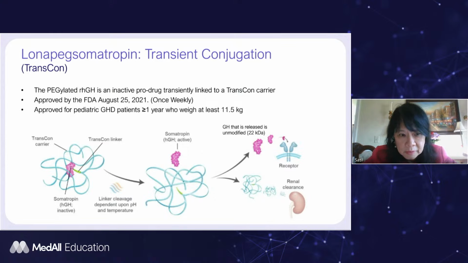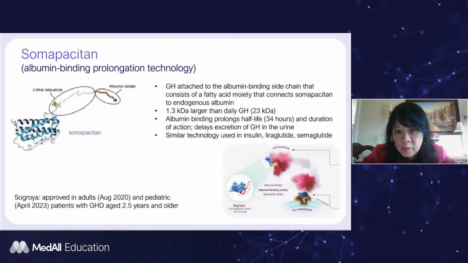This carrier will help keep the growth hormone slowly released, allowing prolonged action of growth hormone. Once administered to the patient, it will be slowly released, and then the linker and carrier will be cleared through renal clearance. This one was approved in August 2021, for children older than 1 and weighing at least 11.5 kilograms.